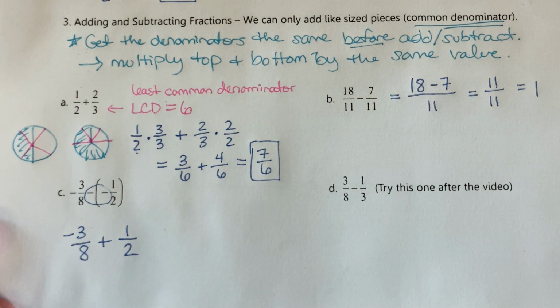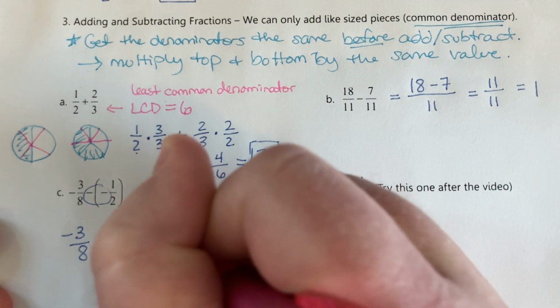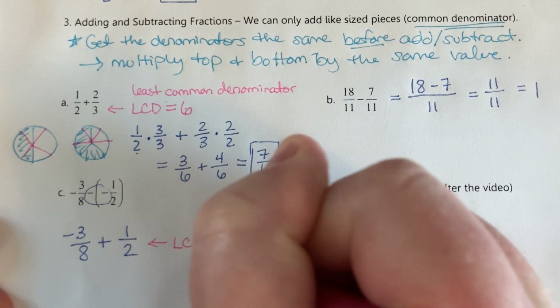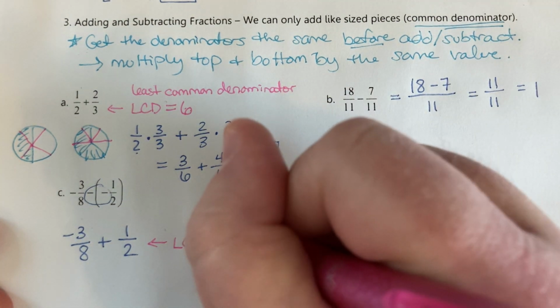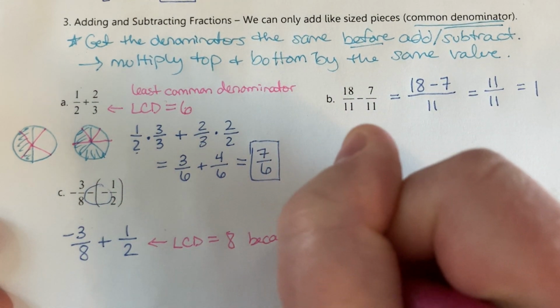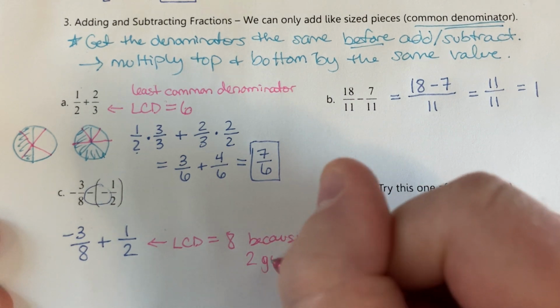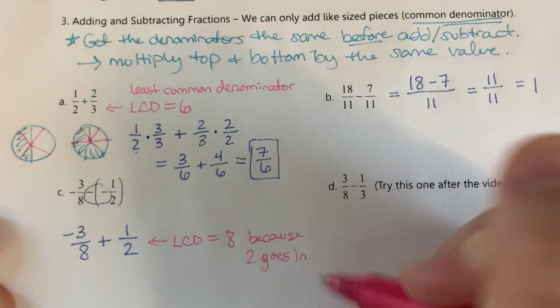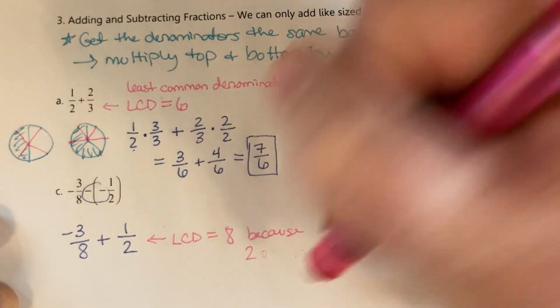That is a common denominator, but it's not the least common denominator. The least common denominator is the smallest number that both 8 and 2 would go into. In this case, it's 8. And that's because 2 divides 8.